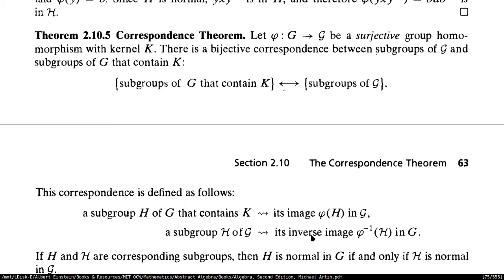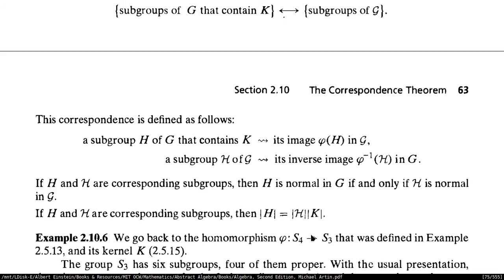If you have a correspondence between two H's, then the normal H, not the curly one, is a normal subgroup in G if and only if the other one is normal in the curly G. The notation is a bit weird. I've seen better notation in other books, but yeah.